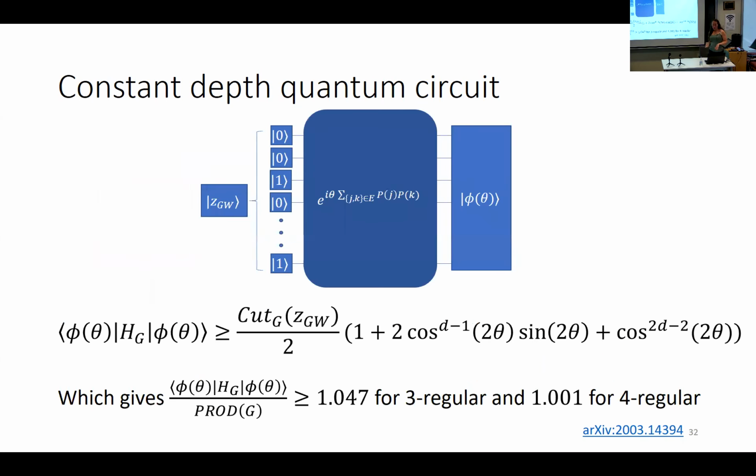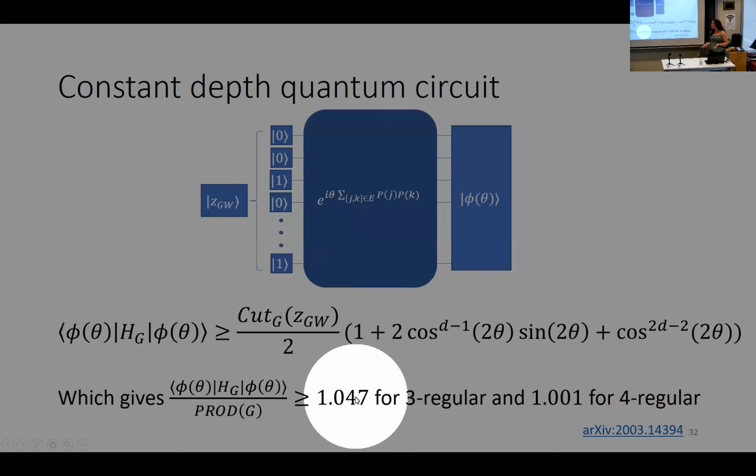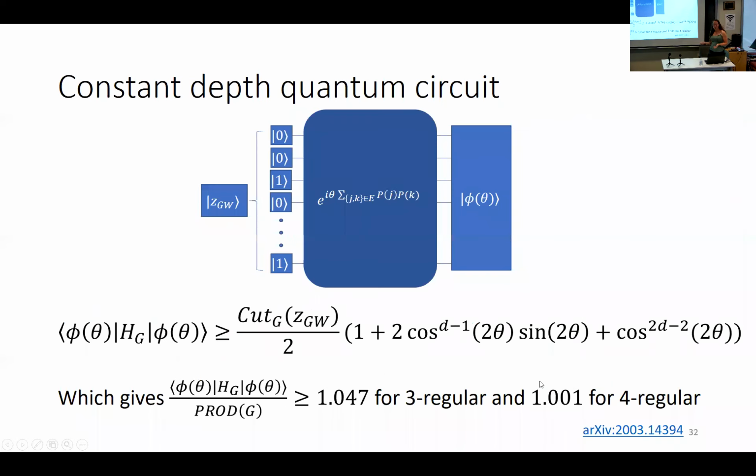So it's like a single parameter variational circuit, if you want to say it that way, but you can just calculate out what it's going to give you. And it turns out that it's 1.047 times the best product state for 3 regular, 1.001 for 4 regular. And you see you've got diminishing returns here, which you expect because the product states do better on more connected graphs.